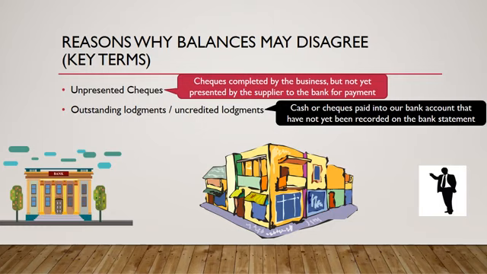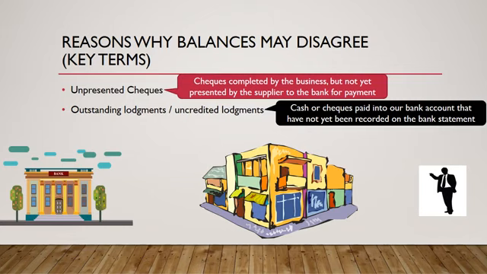So in the cash book, which is in the business, we are saying we have paid the supplier $500. However, the supplier did not go with the check to the bank, so the bank is saying we did not pay anyone. But in the books of accounts in the business, we are saying we have paid the supplier. The bank is saying we did not pay anyone, because the bank did not receive the instruction, right?